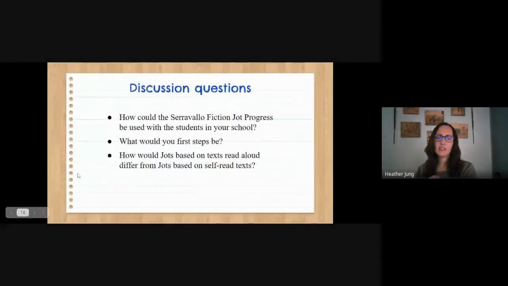All right. So thinking about what we've seen in both presentations, how could you use the Serravallo fiction JOT progression with students at your school?